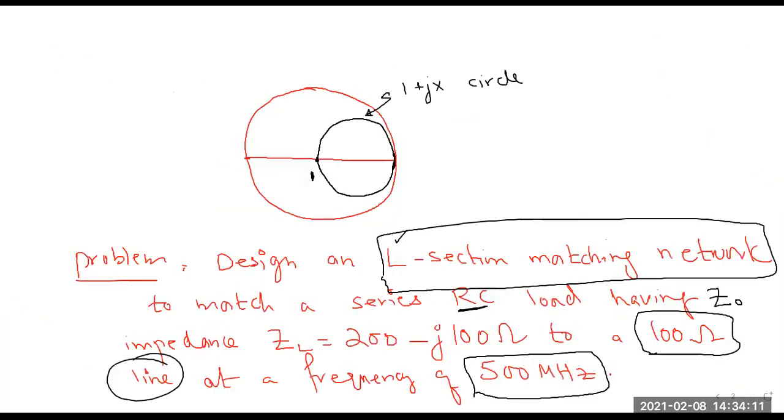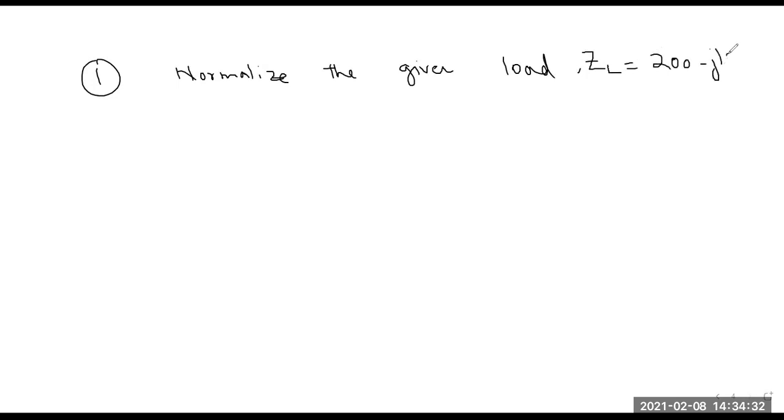So first of all, I'm going to normalize the given load. What is the given load? ZL is 200 minus j100 ohm.